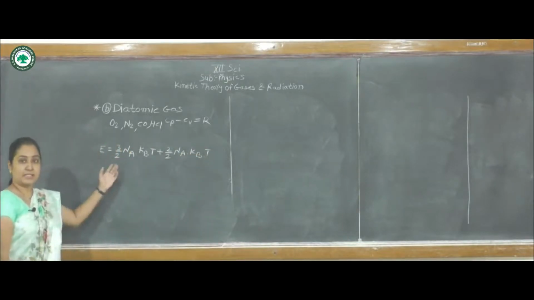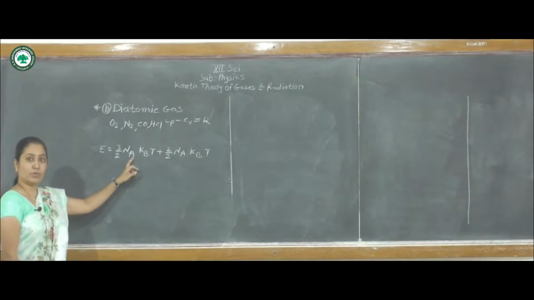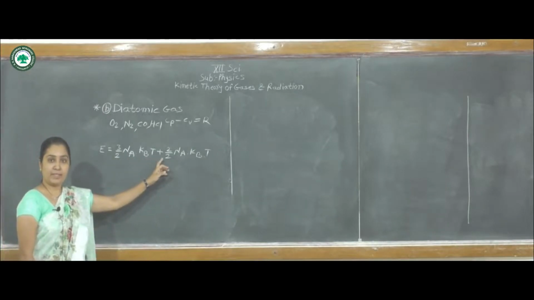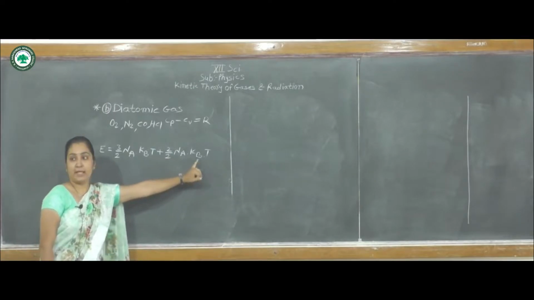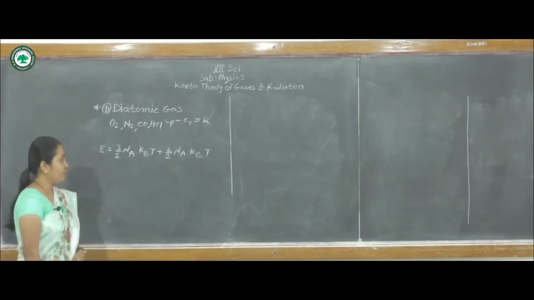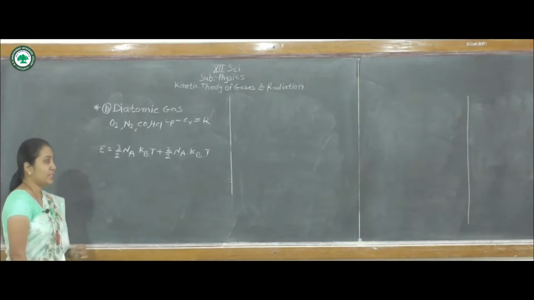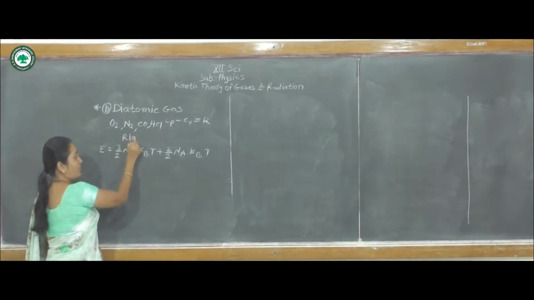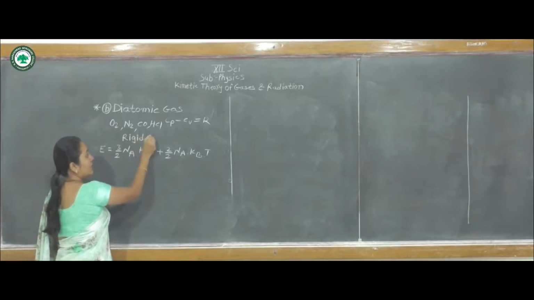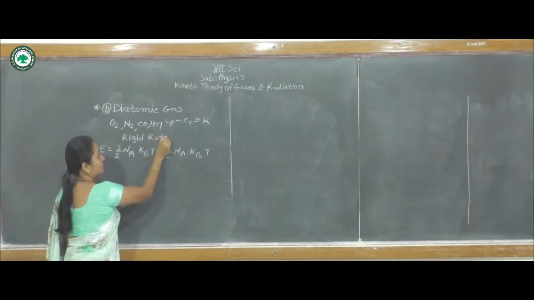E is equal to 3 by 2 Na Kb T plus 2 upon 2 Na Kb T. Suppose we consider this diatomic gas to have rigid molecules, or it is called a rigid rotator.